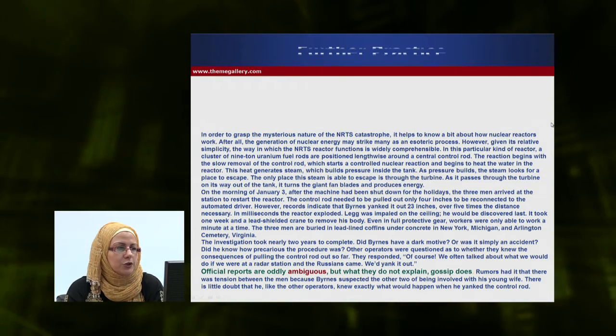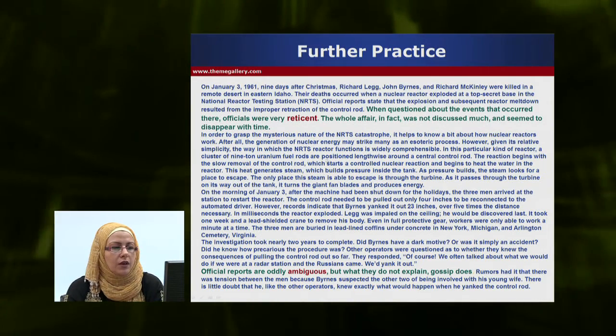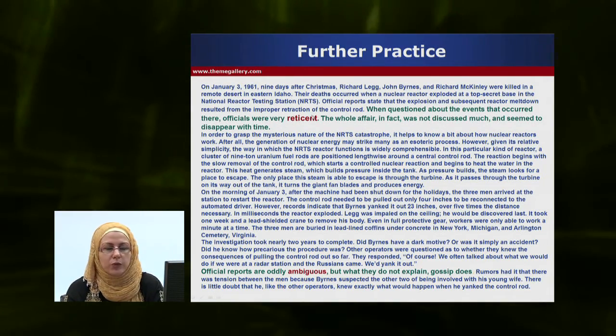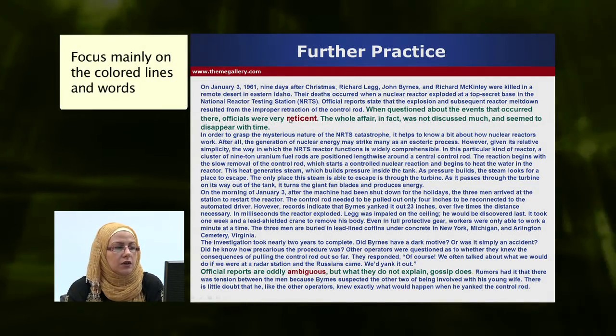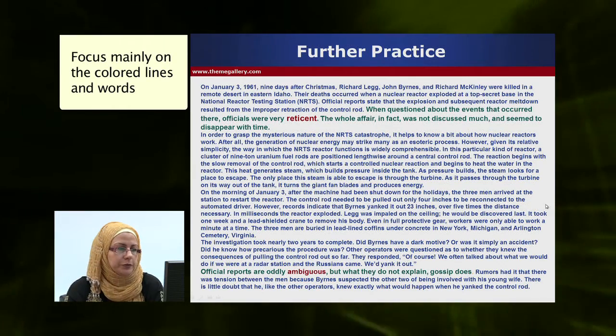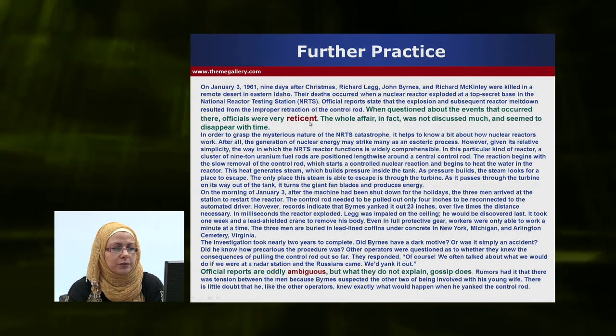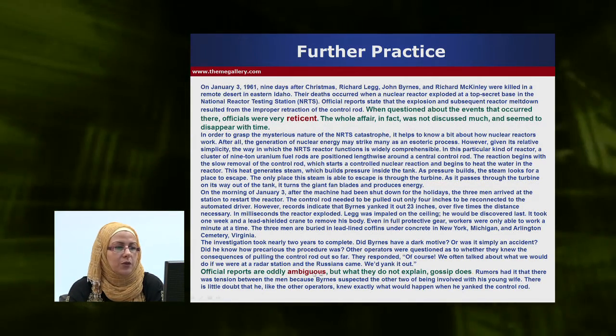Here is a passage for further practice where we've taken two examples of two new words and we will try to work out the meaning together. The words are reticent and ambiguous.